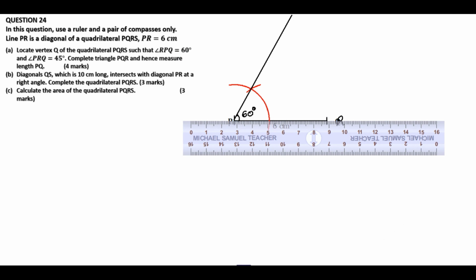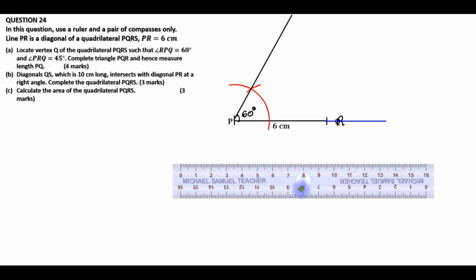So in that case, it will allow me just to extend this PR at R. So I extend it outwards.